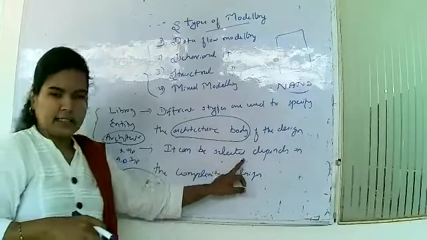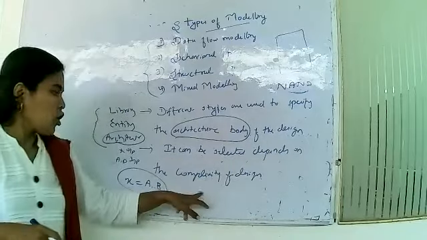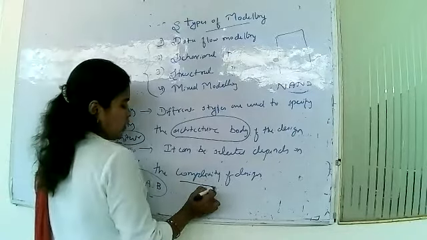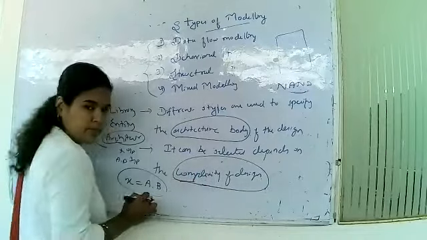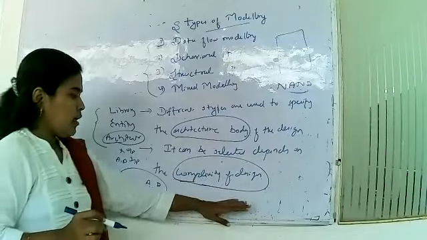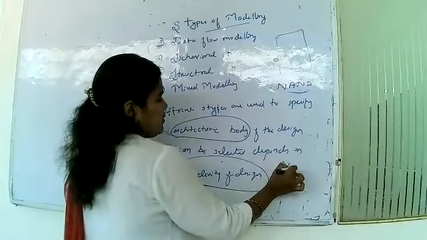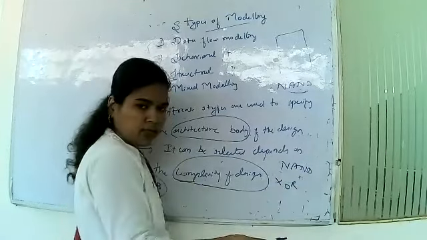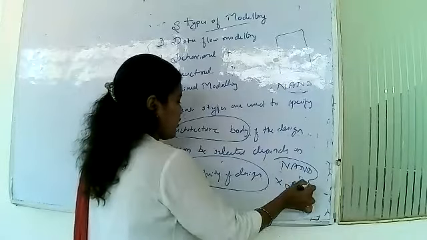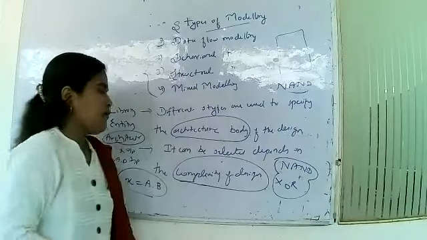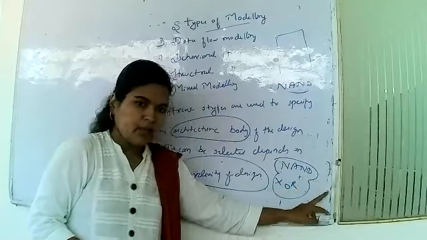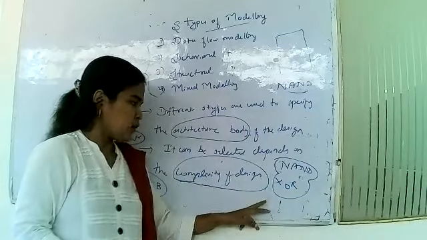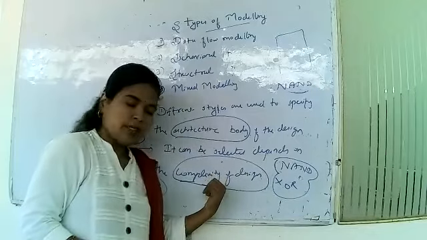It can be selected depending on the complexity of the design. It is very easy to understand. What is the complexity of design? If you are designing a NAND gate or XOR gate or anything, which one is complex, which one is easier, everything depends on that.